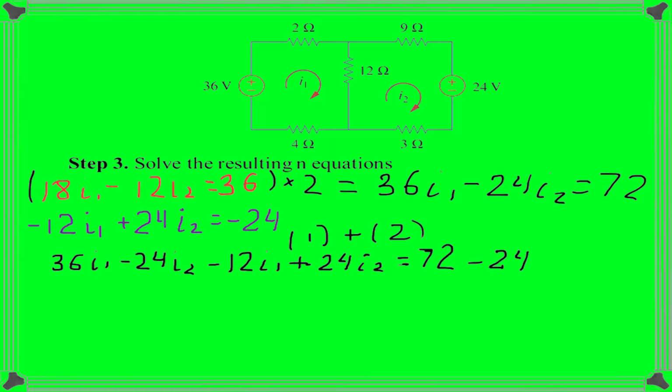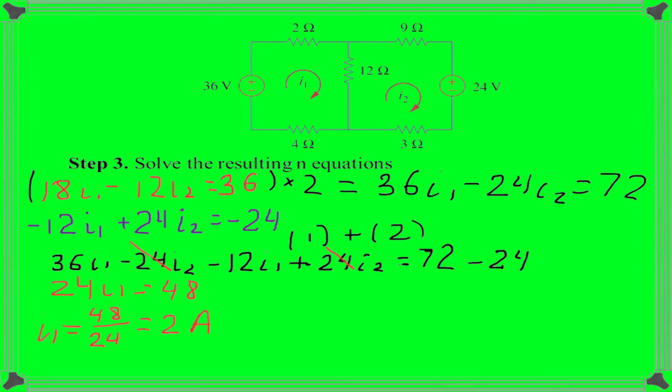So this is the equation we'll get, and we can see that minus 24 I2 and plus 24 I2 are cancelled out, and at the end we'll get 36 minus 12 is 24 I1 equals to 72 minus 24, 48, and I1 is 48 over 24, 2 amps.